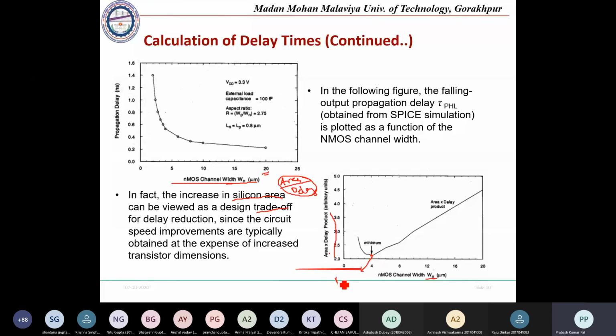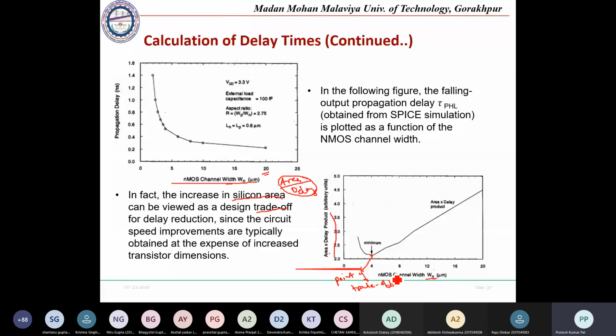At this point the minimum delay and minimum area will be there. So to find the trade-off between two parameters, we can plot the multiplication of these two parameters with respect to the variable parameter that we are going to set. Width is going to be set.